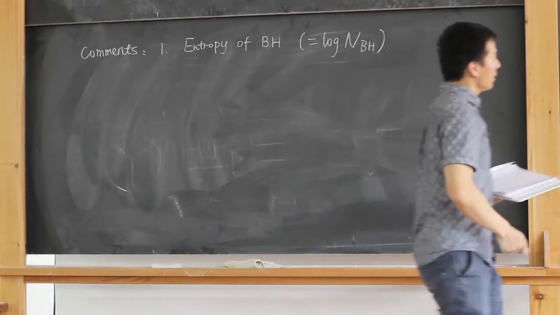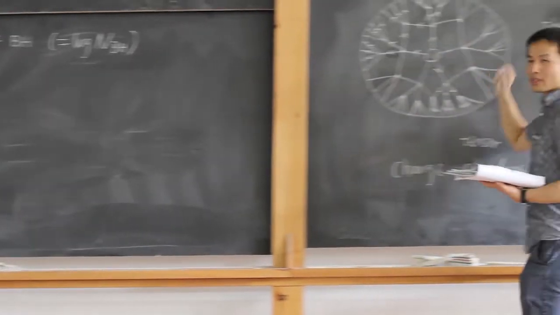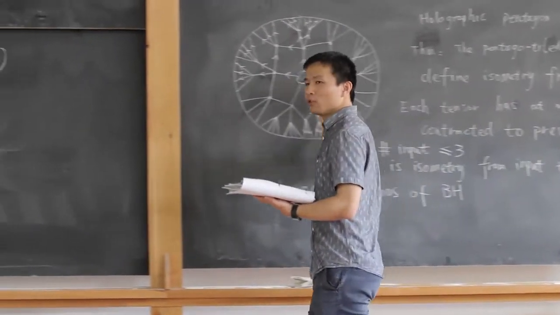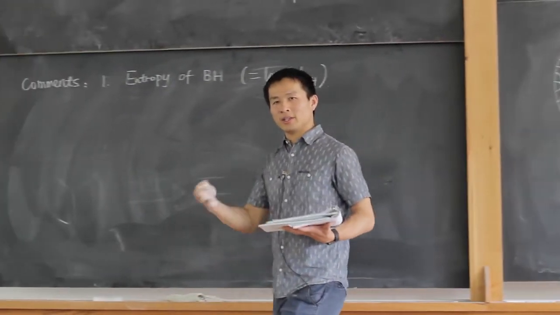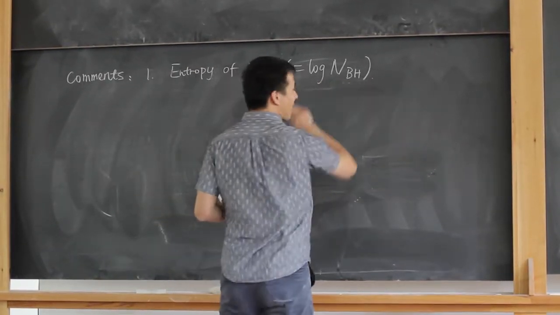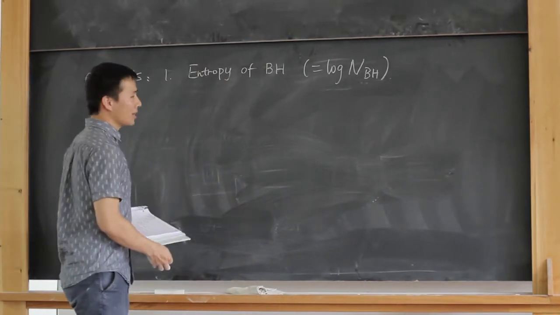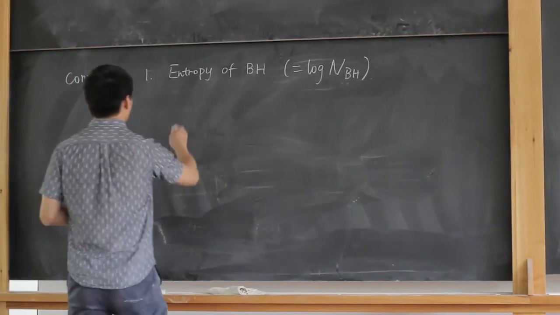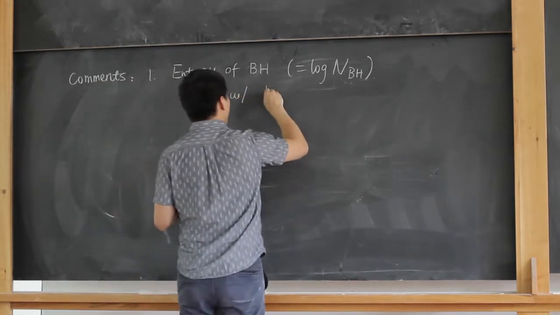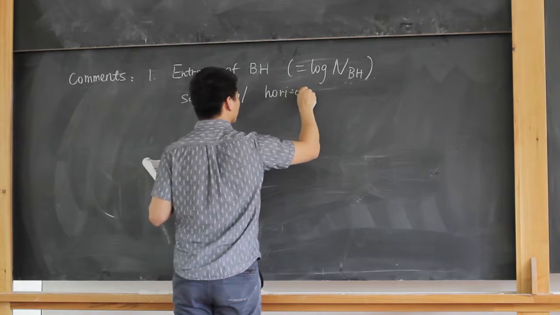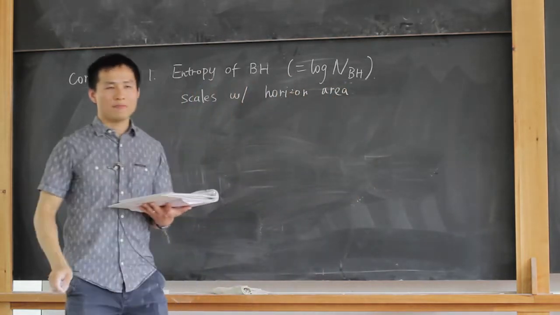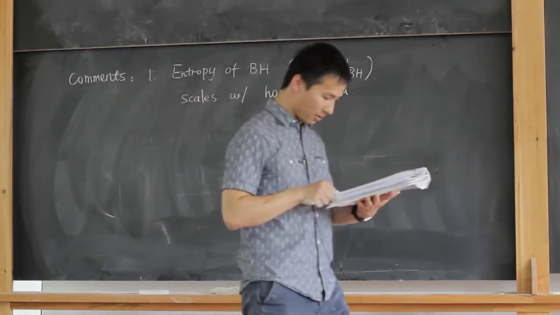And of course, the more part of the network that we remove, we have access to more states, because we have more freedom to feed in various things in the broken legs in the bulk. So the number of black hole states is bigger, but one can check this systematically and show that this scales correctly with the horizon area in agreement with the Bekenstein-Hawking formula for black hole entropy.